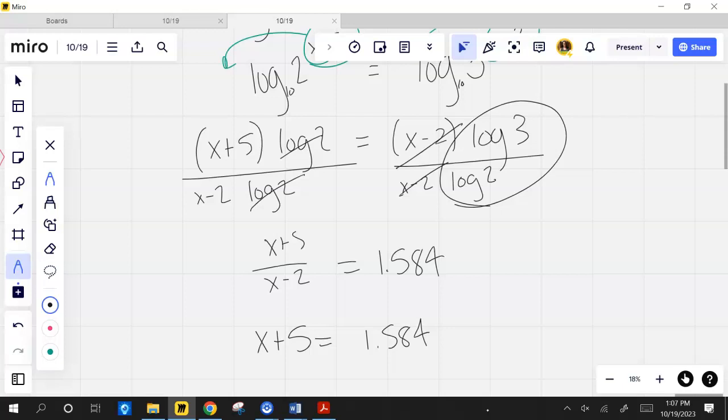Wouldn't it be what? Well, you can't just divide these values like that. So it's not going to be 1.5.